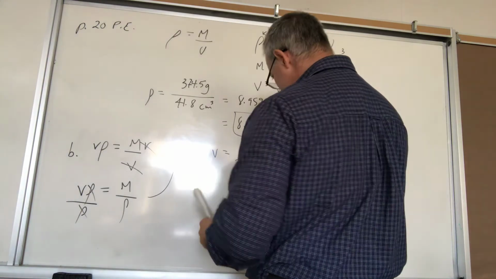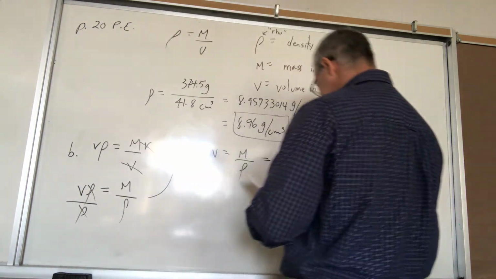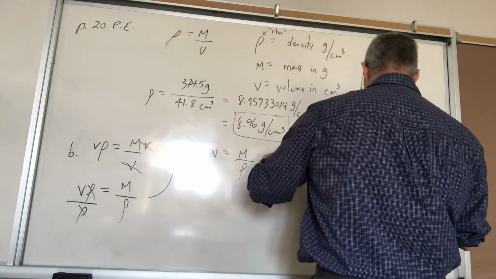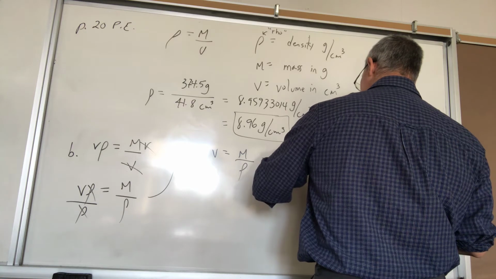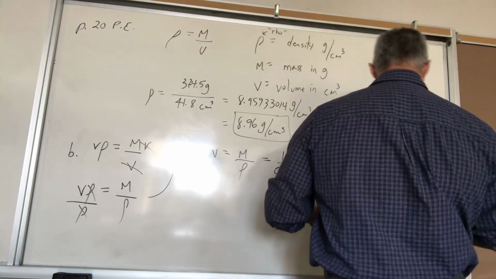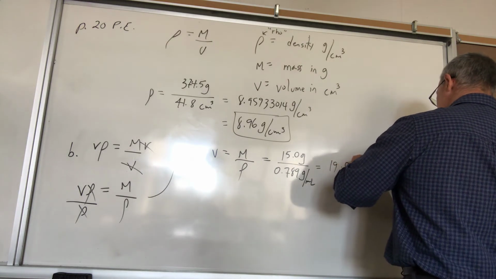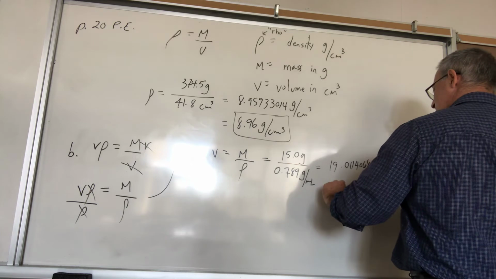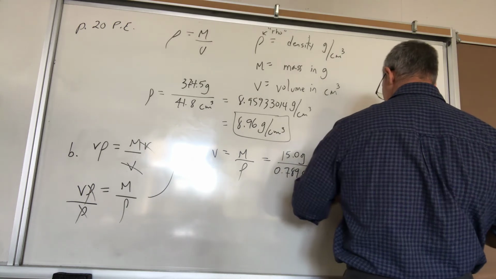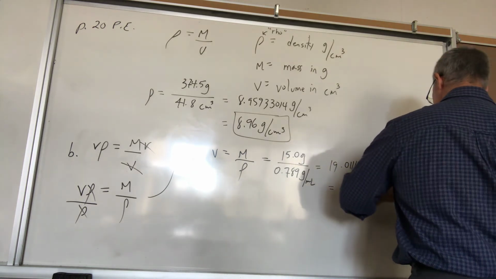The two things I'm given are the mass and the density: 15.0 grams over 0.789 grams per milliliter. So you need a sample size of 19.0114068 milliliters. You're only allowed 3 sig figs in the answer, so 19.0 milliliters of ethanol.